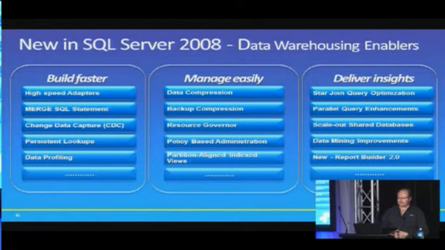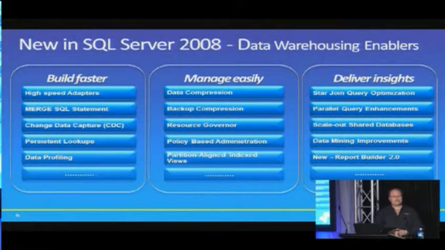Starting from the Build Faster theme, we added a number of Attunity adapters. Attunity is a third-party company that manufactures very fast connectors, especially to Oracle and Teradata. So in SSIS 2008, we ship with 64-bit Attunity drivers that are very, very fast for Oracle and Teradata especially, if you have data sources like that.